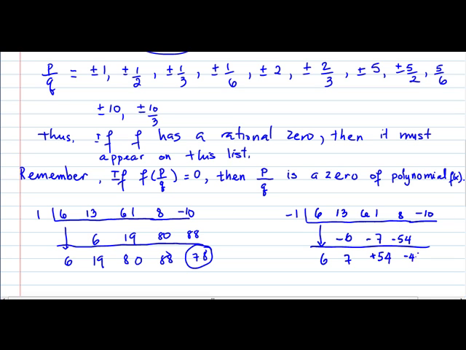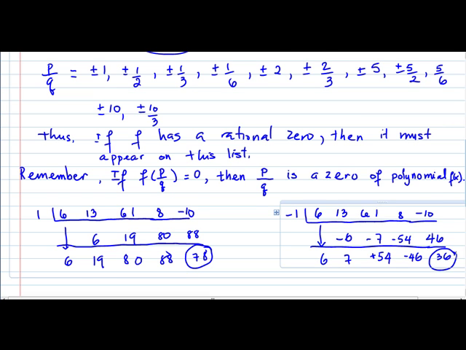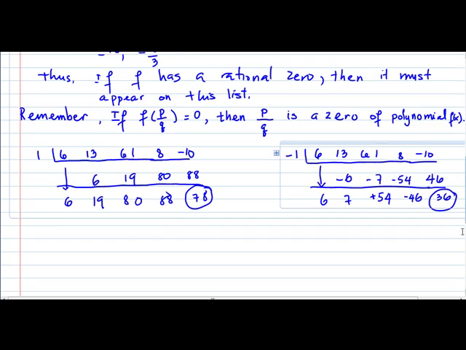I add 8, I get -46. -1 times -46 is positive 46. Add -10 is 36. Because this is not a 0, based on the factor theorem, -1 is not our 0 or our solution. So we continue on.